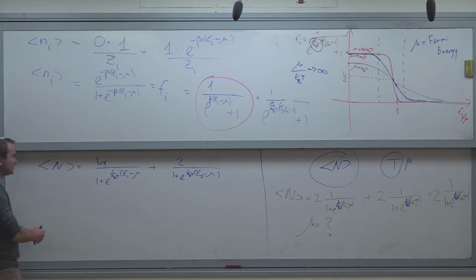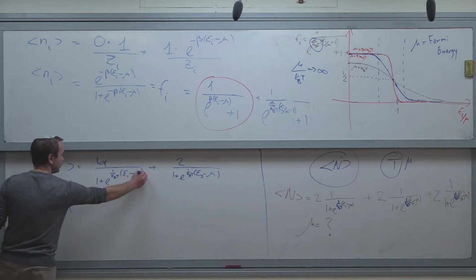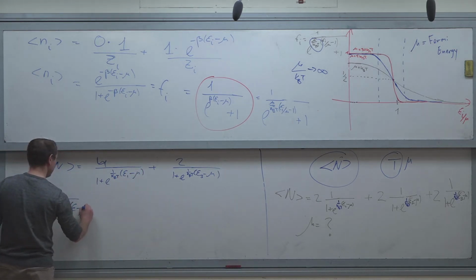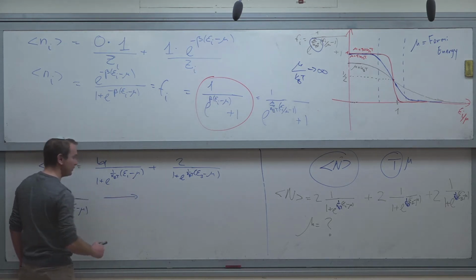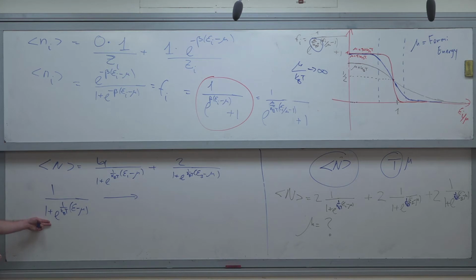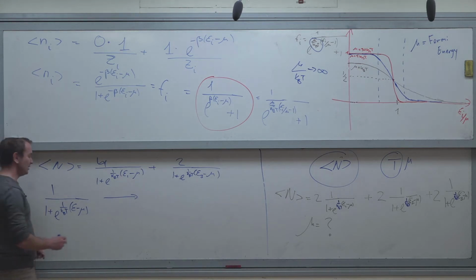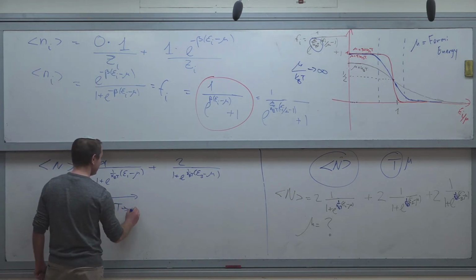First of all, let's look at the function 1 over e to the power 1 over k Boltzmann T times epsilon minus mu, and I want to obtain its approximate behavior in the limit when T goes to 0.